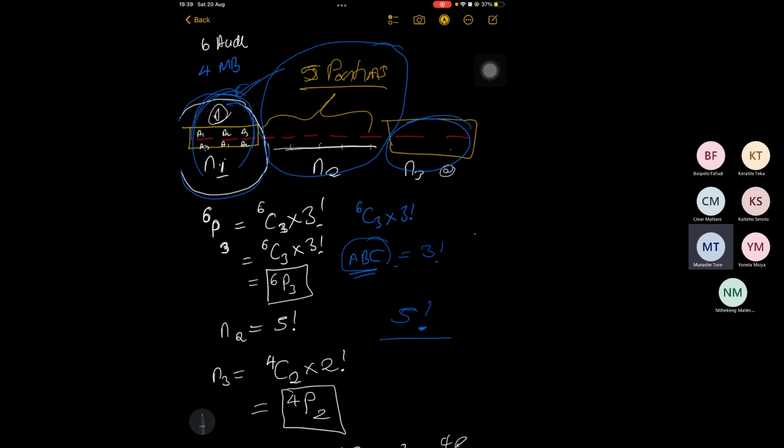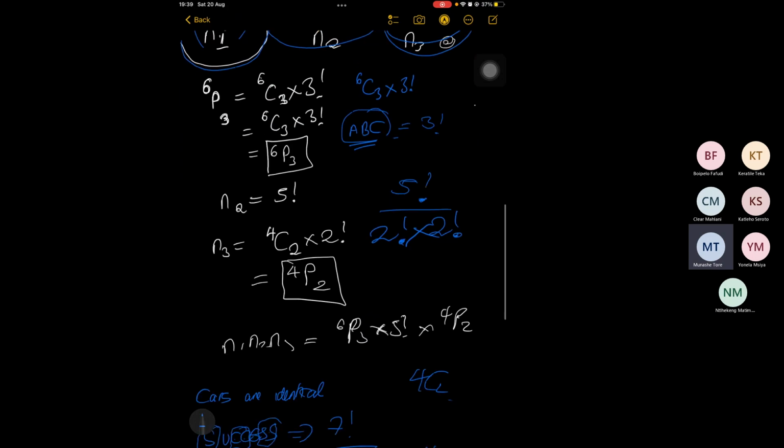If you eliminate 3 Audi cars here, you are left with 2, which are the same. So it's going to be divided by 2 factorial. Then we also eliminated 2 of the Mercedes-Benz, so we are left with 2. So the middle part is going to be 5 factorial divided by 2 factorial times 2 factorial.